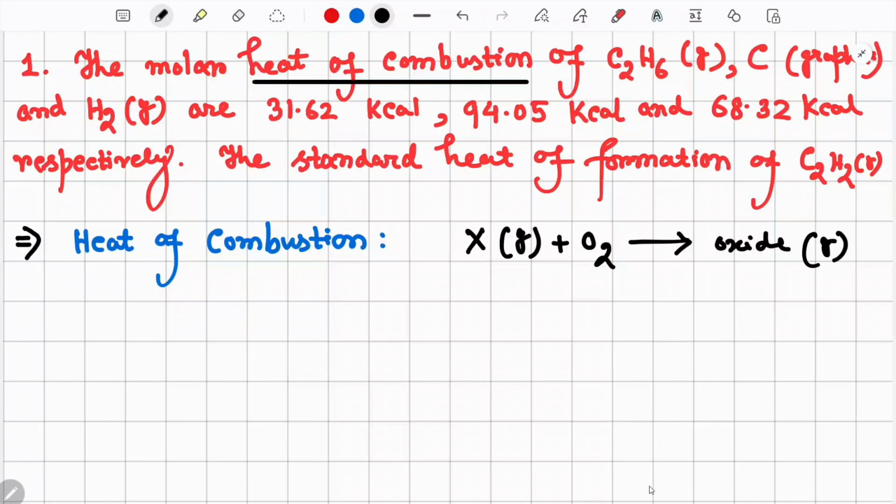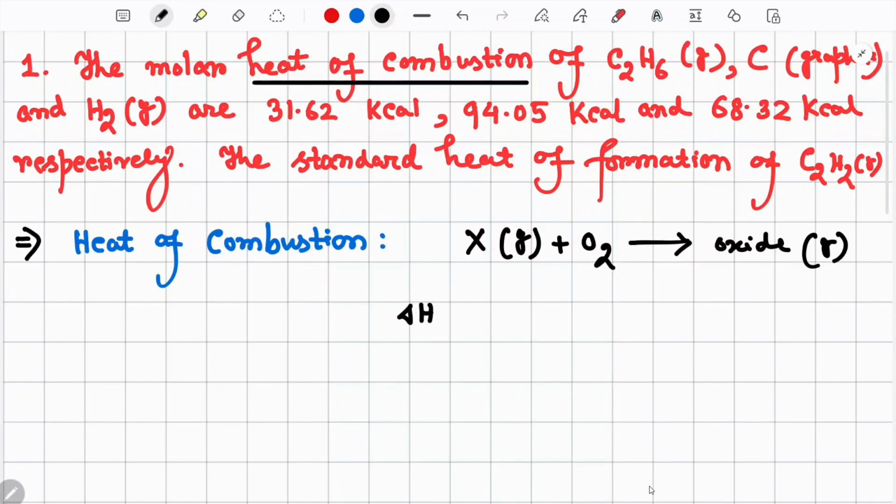Then the heat for this change, as you know, while burning, heat will release, obviously. And that heat will be equal to the change of enthalpy, delta H. So delta H will be H product minus H reactant in general.